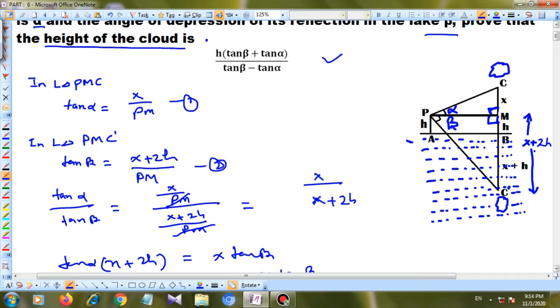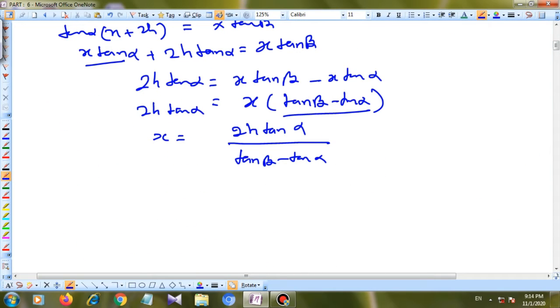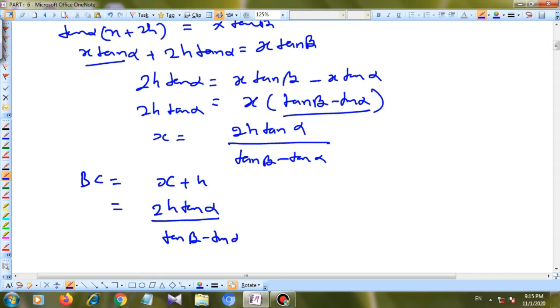Now the height of the cloud is BC. BC will be x plus h. So the value of x is twice h tan alpha upon tan beta minus tan alpha, plus h.